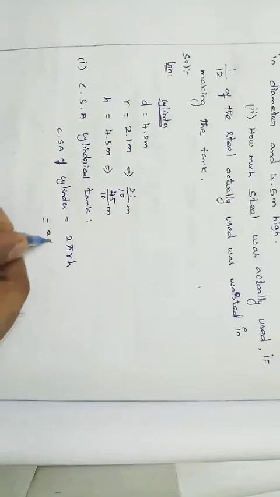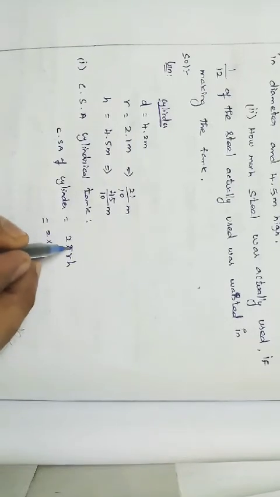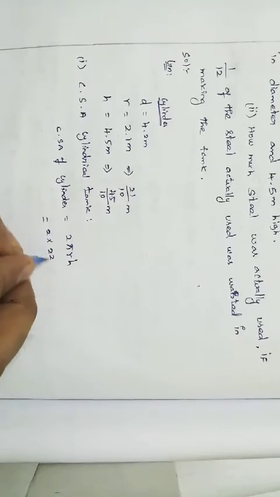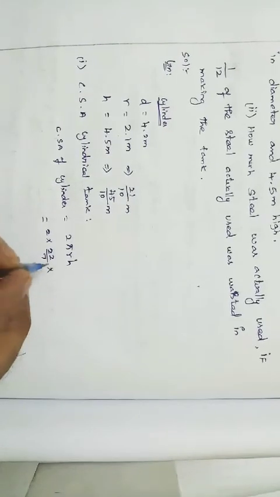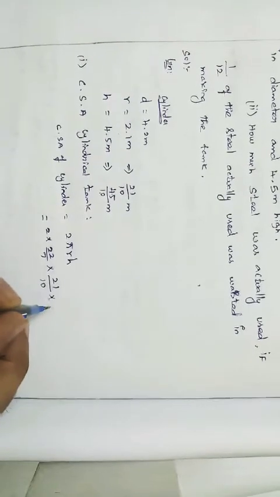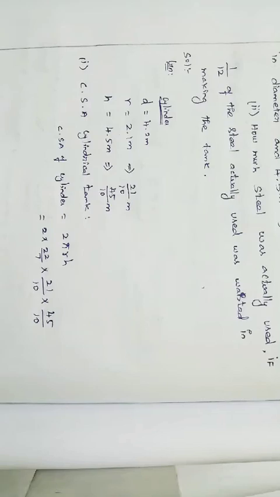So 2 into, I'm going to use the value of pi as 22 by 7, because the radius is in terms of a multiple of 7. So 22 by 7 into radius 21 by 10 into height 45 by 10, right?